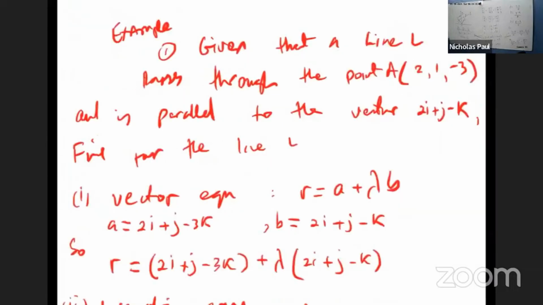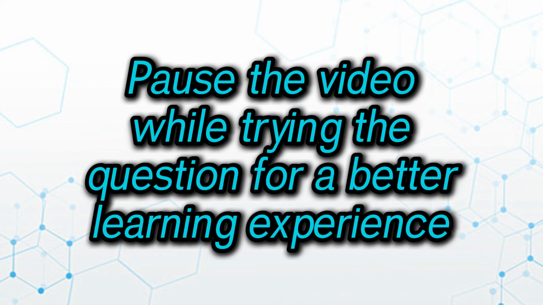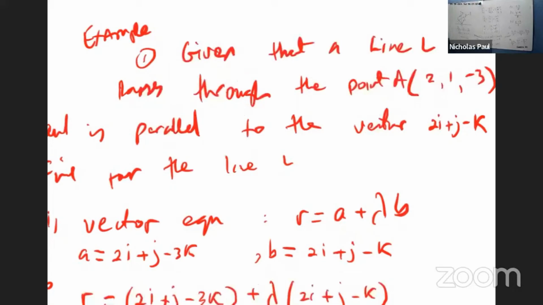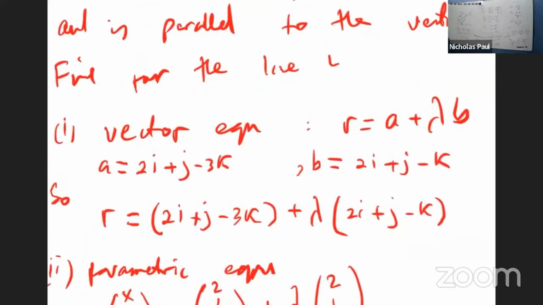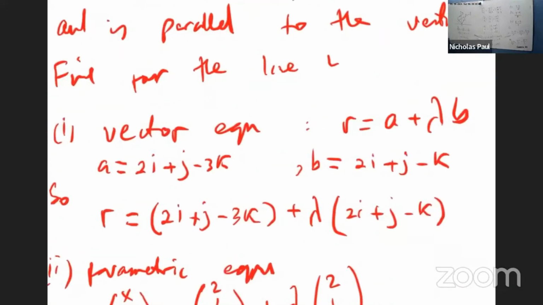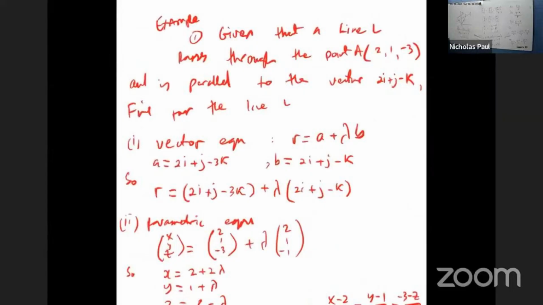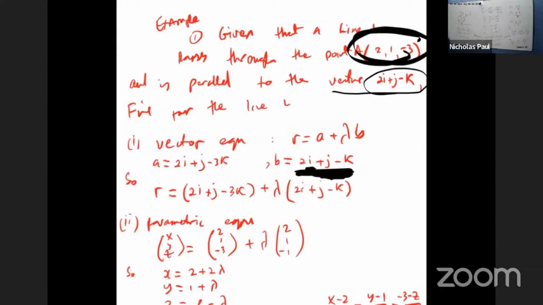Find the vector equation of the line there. All three forms. First things first, we have the vector form. Everybody okay with that? According to the information here, P was the parallel vector, so that's the reason why I put P here. And A is the point. So A goes here, B goes here.